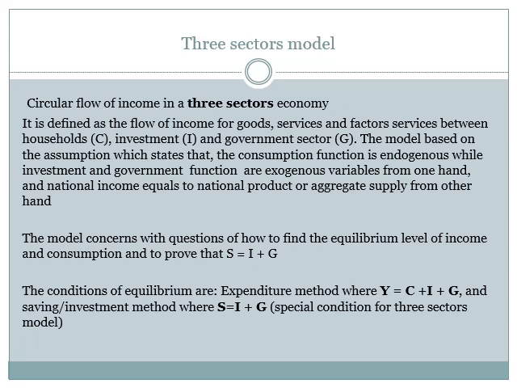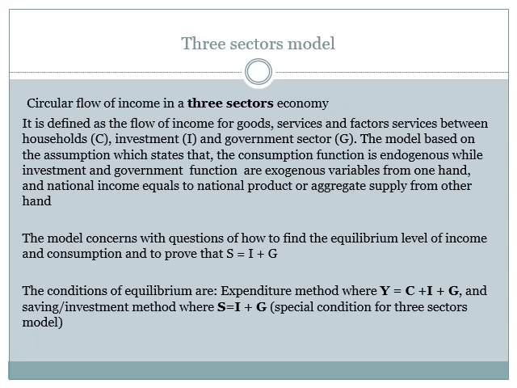That means three sectors are functioning within this model. The model is based on the assumption that the consumption function is endogenous while investment and government functions are exogenous variables, and national income equals national product or aggregate supply.